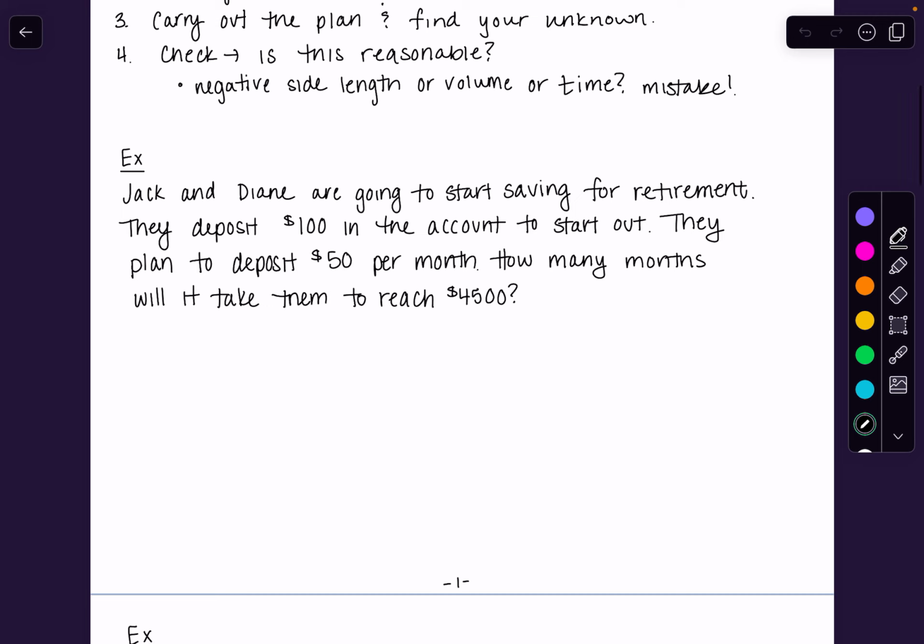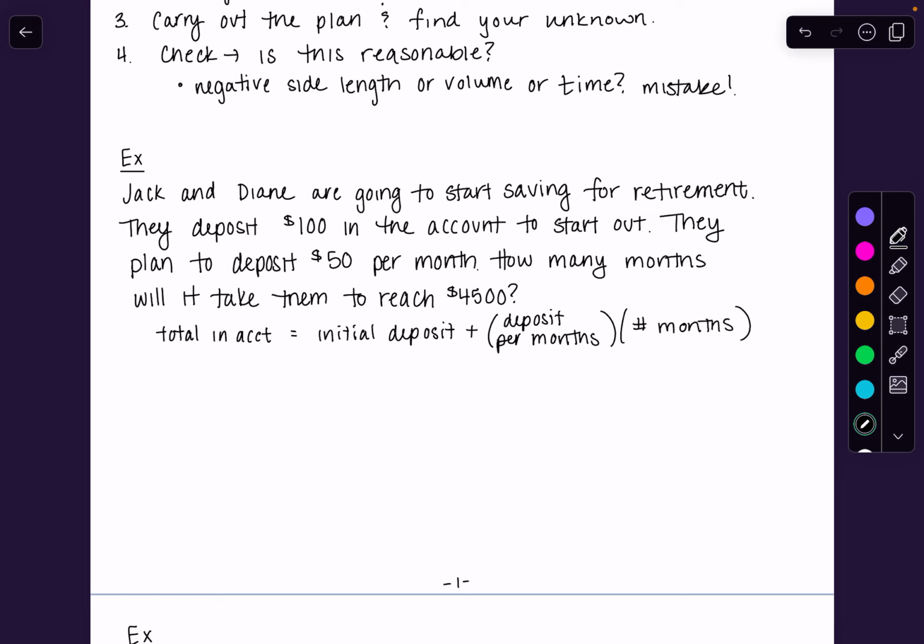So if I consider the total in my account, it's always equal to the initial deposit you have when you set up the account, plus however much you add every single month. And in this case, because we're doing this for multiple months, we have two things going on. So what we're doing is making a deposit every month for some unknown number of months.